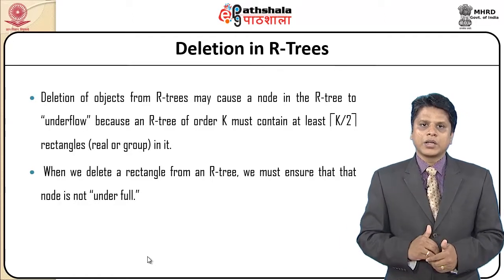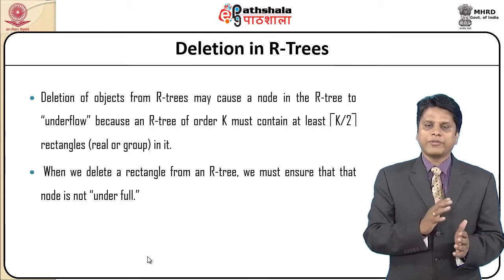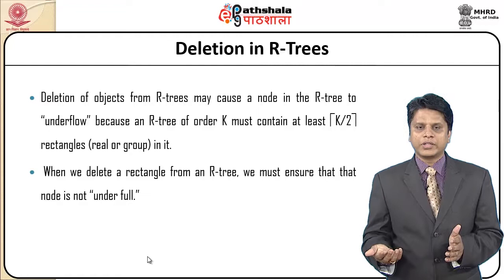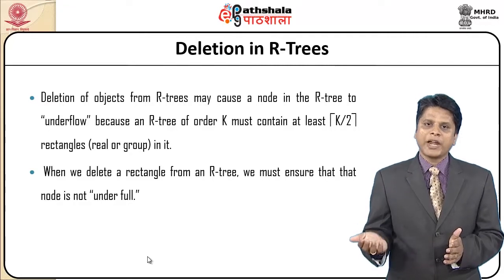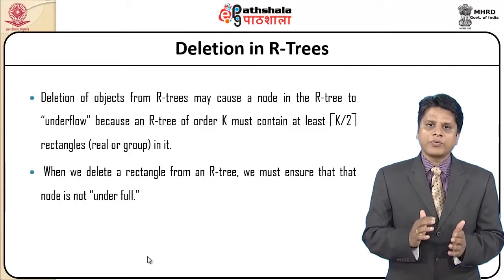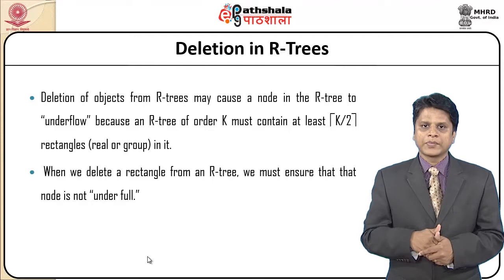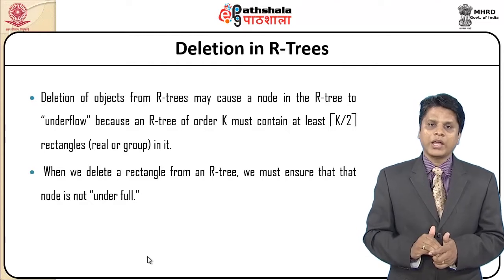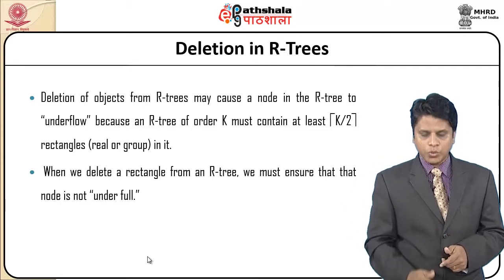Instead, it should not be less than 2. Say we have defined the order of the leaf or root node as 4, it should not be underfull, where we have only one rectangle associated with the group. So it is underfull when we compare it with the order of the actual root node.